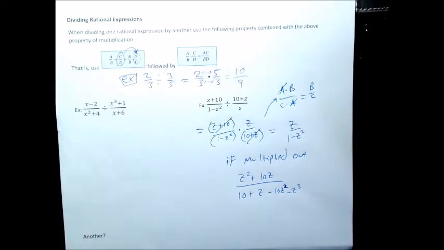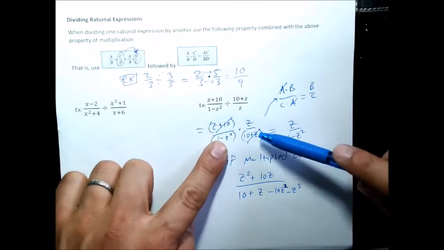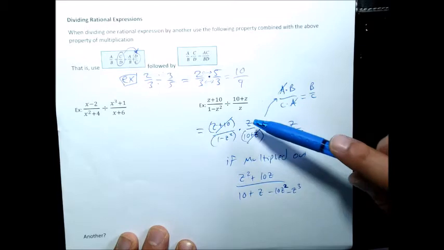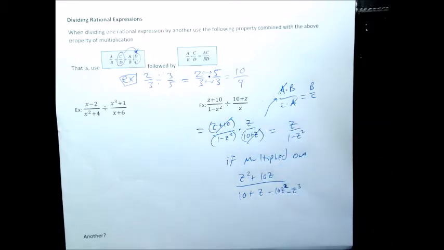And again, what I mean by multiplied out is you've got to FOIL the denominator, you FOIL that out, and you would get that. And then if you multiply the z through z plus 10, you get z squared plus 10z. So that's just something that you might want to try because you've got the answer and you can try it one more time.